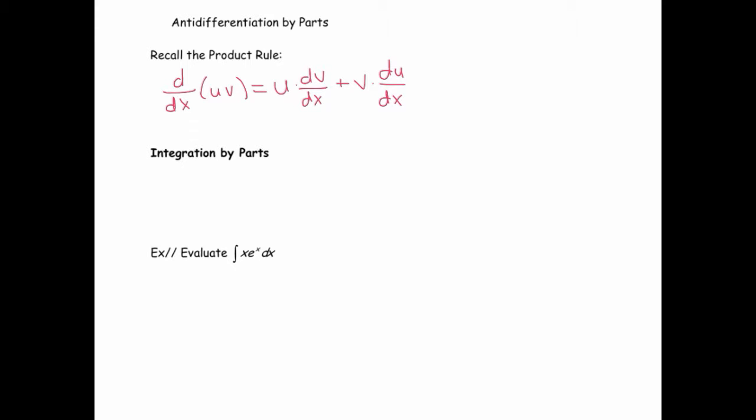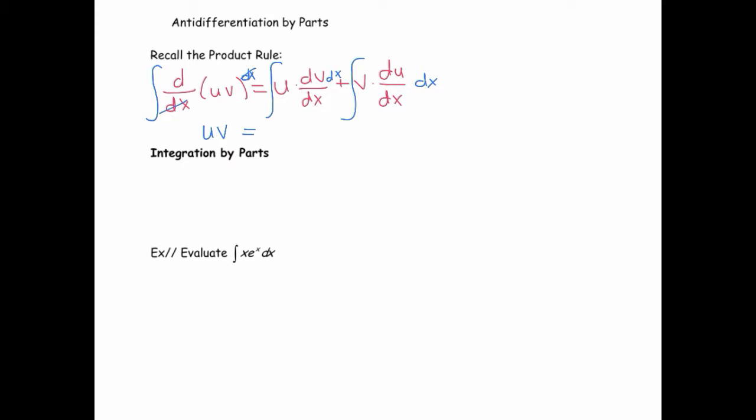The product rule is a differentiation rule. It's written here. In order to derive integration by parts, I'm going to take the antiderivative of all the terms. When you take an antiderivative, technically we should sneak in this dx so that we indicate what variable we're taking the antiderivative with respect to. So the left-hand side just becomes the antiderivative of the derivative of uv with respect to x, which just becomes uv.